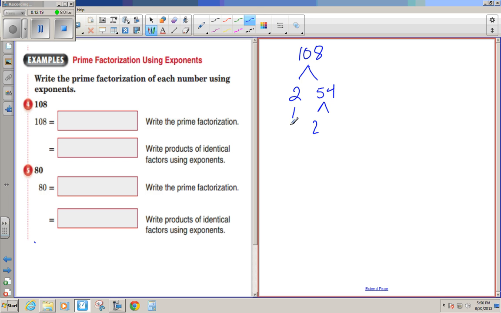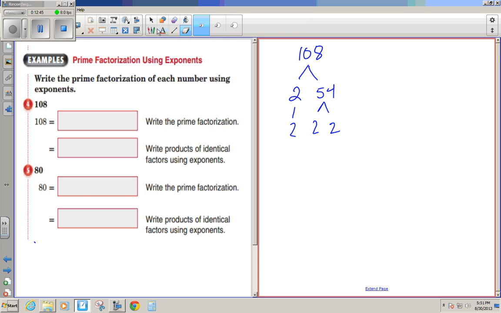2 times 28. 28 is even. All right, let's see. Hold on a second.